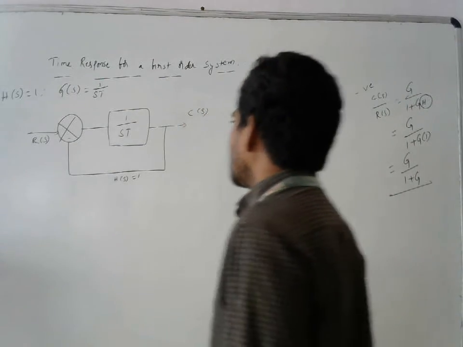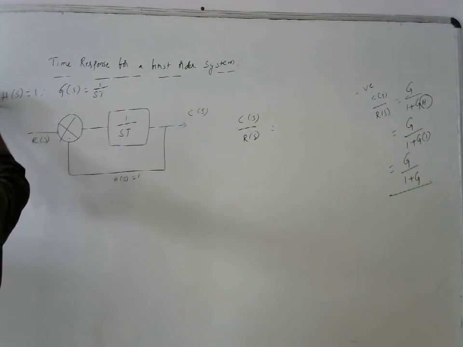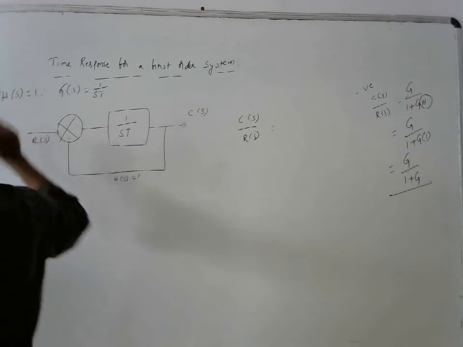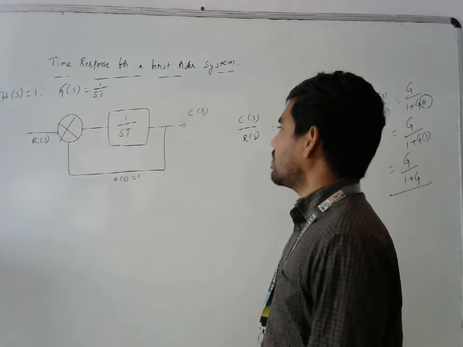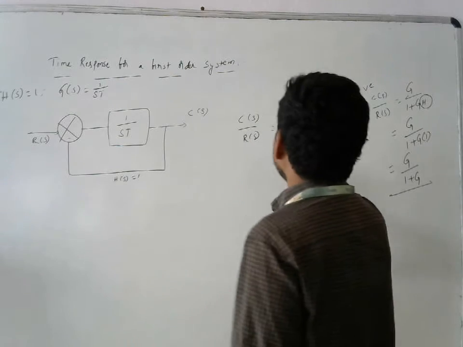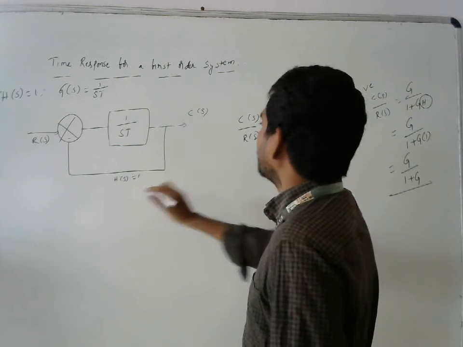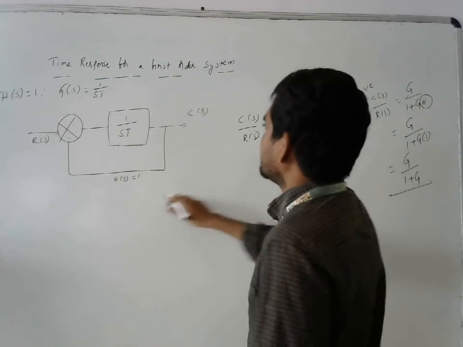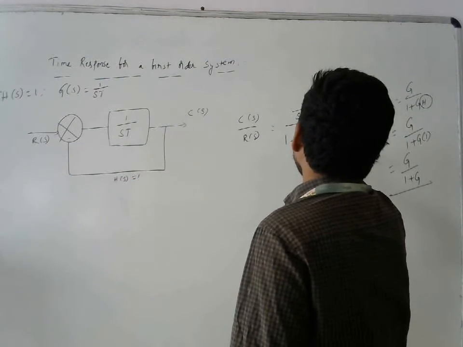Now, similarly, let us consider H of s equal to 1 and G of s equal to 1 by sT. Then what is the transfer function for this? G divided by 1 plus G, with G equal to 1 by sT, that is G into H, 1 by sT into 1.